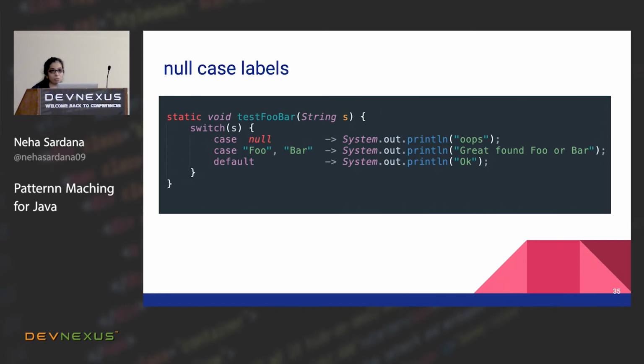I think this is where I started loving switch, because if you want to do defensive programming, which I think is what you should do, you can easily have a null case, but you should put it on the first case label. You don't want to put it in the next ones because otherwise it's not usable.